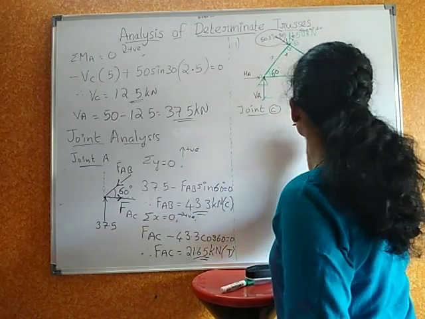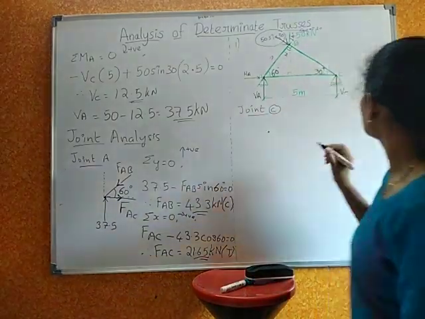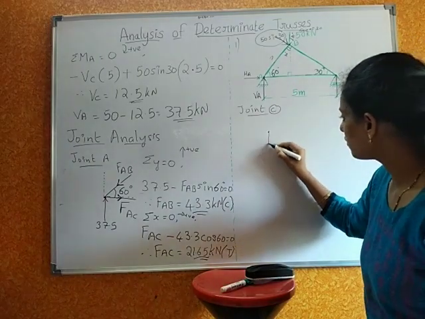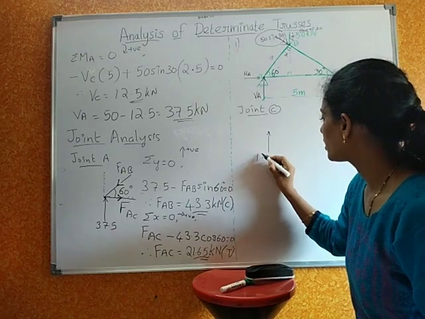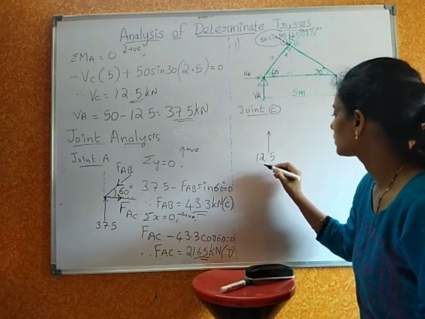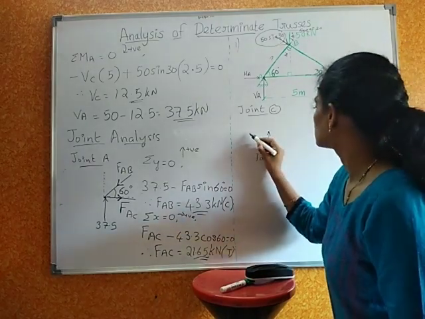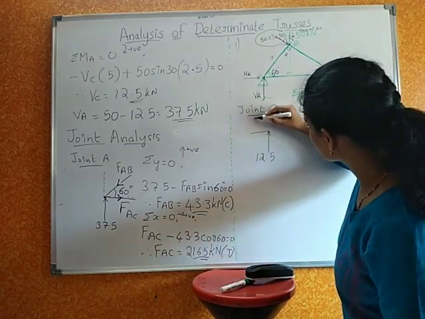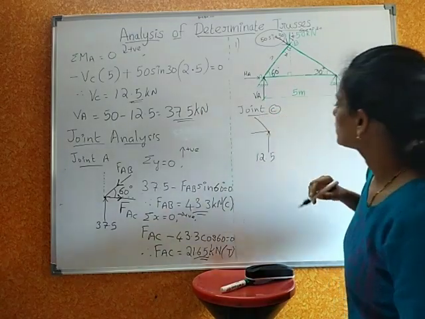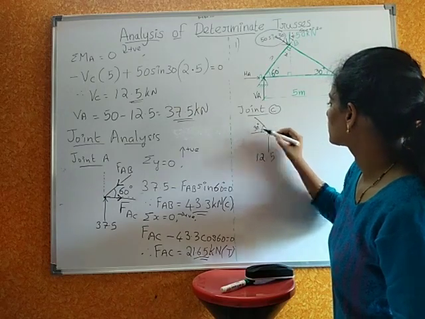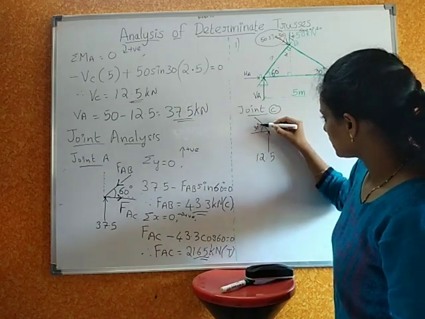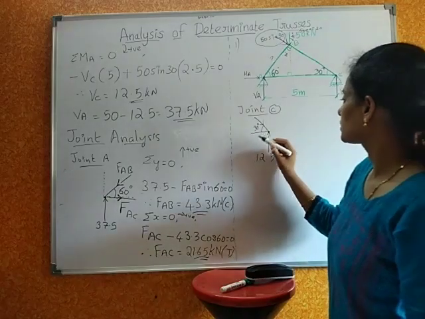Joint C, draw the free body diagram. Here we have BC, which is 12.5, and these are members. This is 30 degree. Assume the direction.